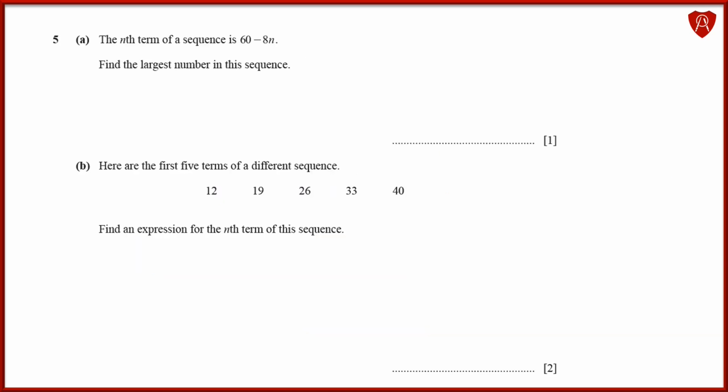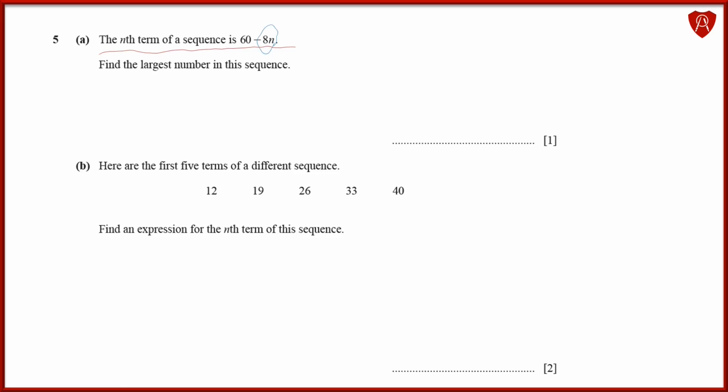Question 5. Sequences and series. The nth term of a sequence is given by 60 minus 8n. Find the largest number in this sequence.